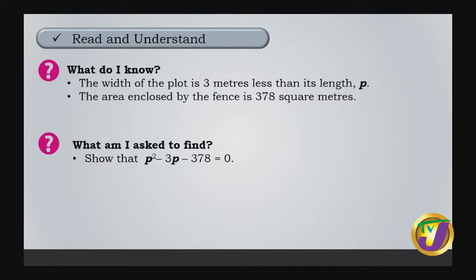What am I asked to find? I am to show, to prove that P squared subtract 3P subtract 378 is equal to 0. Let us see if we can prove it now.